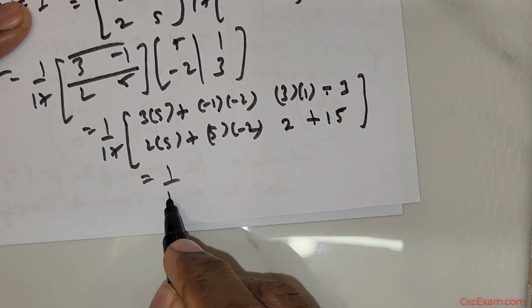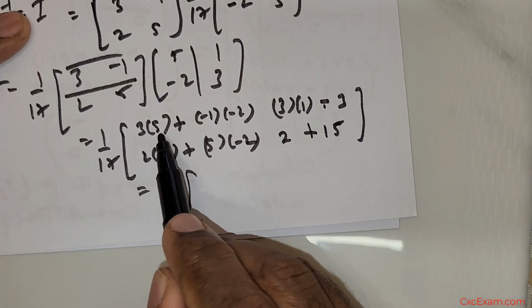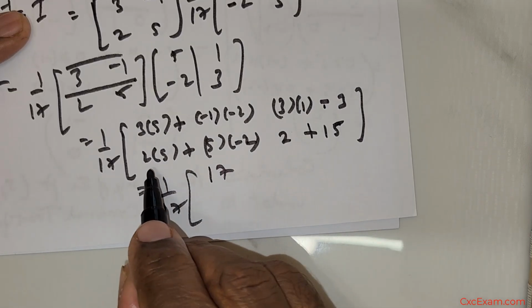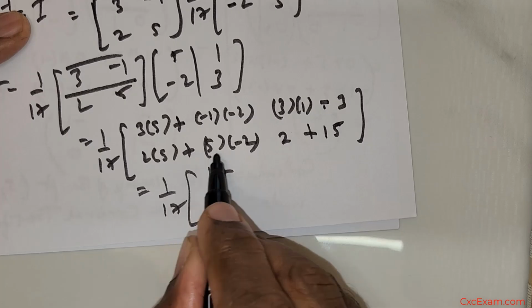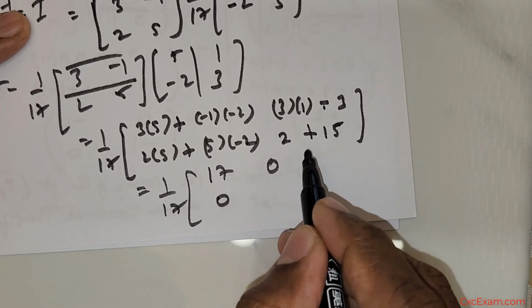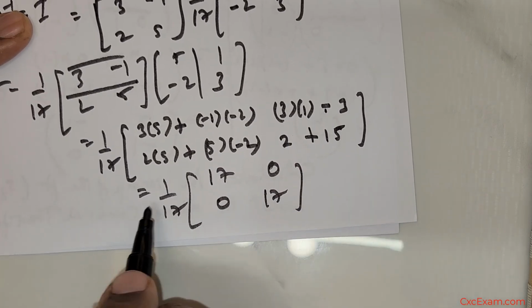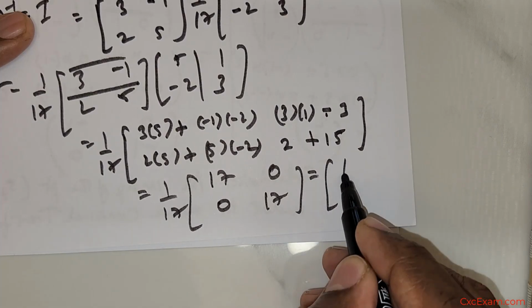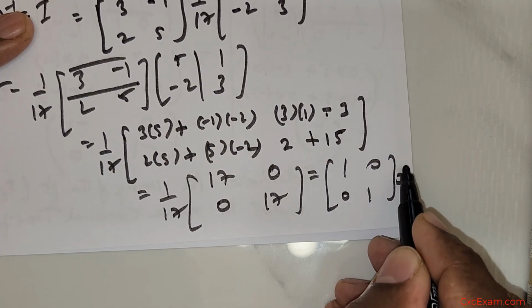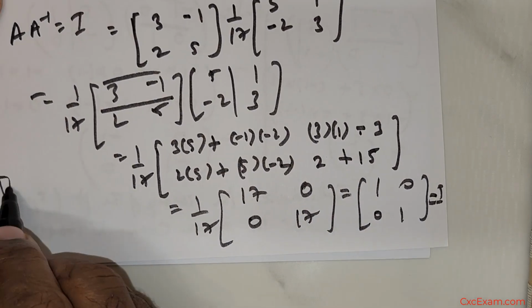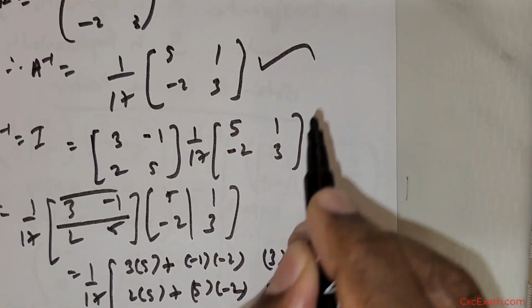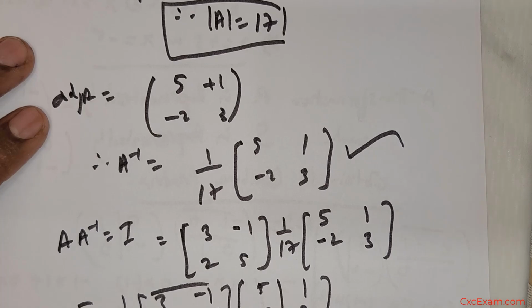So this is going to be 1 over 17, 15 positive 2, that's 17. This is going to be 2 times 5, 10, minus 10, 0. This is 0, this is 17. So when you distribute 1 over 17, you get 1, 0, 0, 1, which is equal to I, the identity matrix. So this is true. The inverse is absolutely correct.